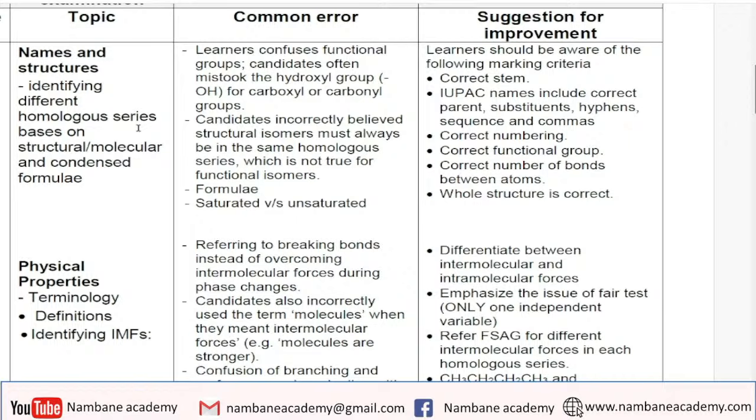And we must know the functional groups of each and every homologous series. It is important, especially when you draw the structural formula. You must first draw the correct functional group. If the functional group is wrong, then the whole structure becomes wrong.